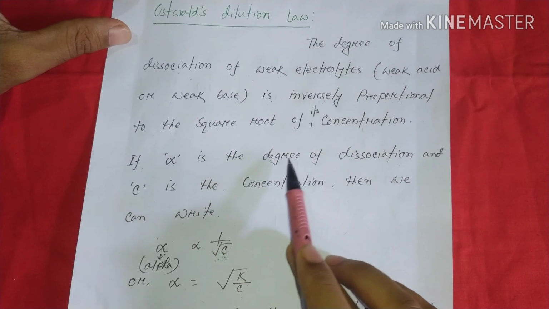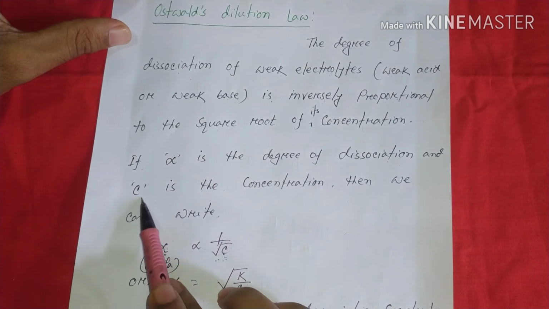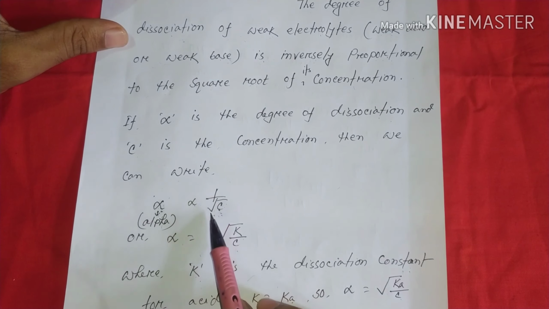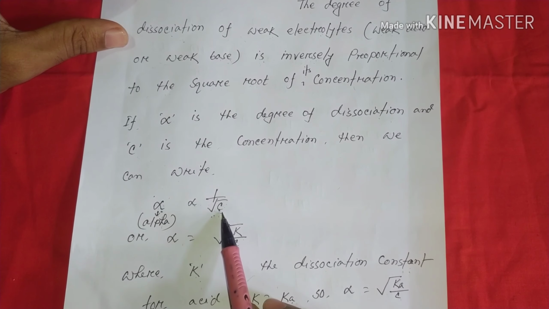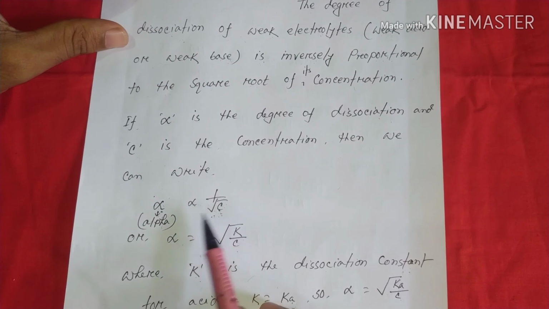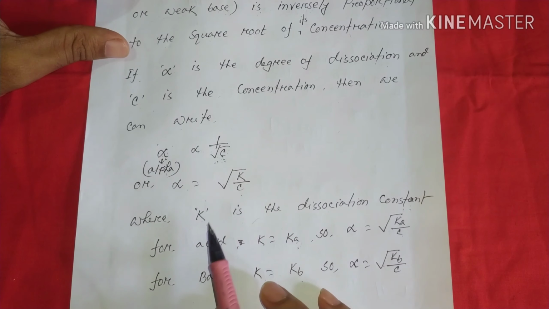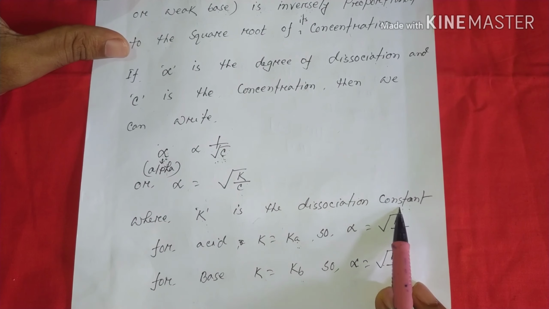If alpha is the degree of dissociation and C is the concentration, then alpha is proportional to 1 by root C. So if the concentration is lower, then the degree of dissociation will be higher, or alpha is equal to root over K by C, where K is the dissociation constant.